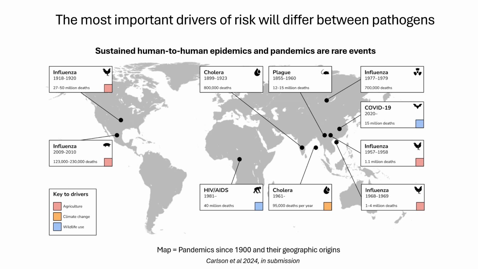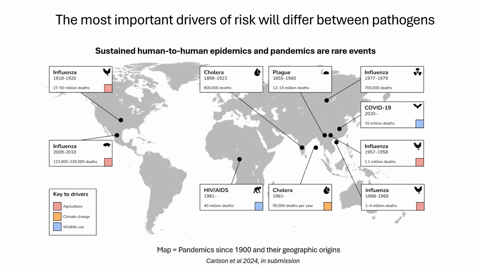including several influenza pandemics, COVID-19, the third plague pandemic, which stretched forward from the mid 1800s, the cholera pandemics, and HIV/AIDS. But these approximately 10 pandemics contrast with however many millions of spillover events are going on between wildlife and people all the time, right?